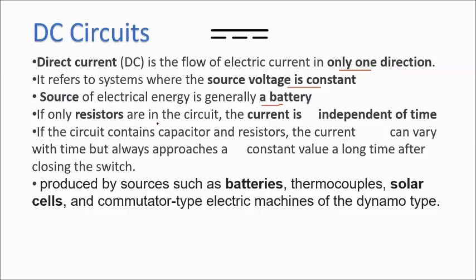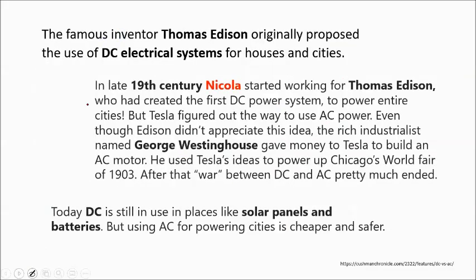If only resistors are in the circuit, current is independent of time. And if the circuit contains C and R, the current can vary but always approaches a constant value. It is produced by sources like batteries, thermocouples, solar cells, commutator-type electric machines of the dynamo type. So that is DC.